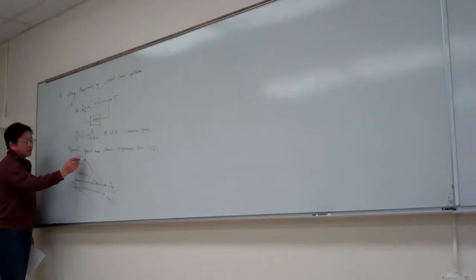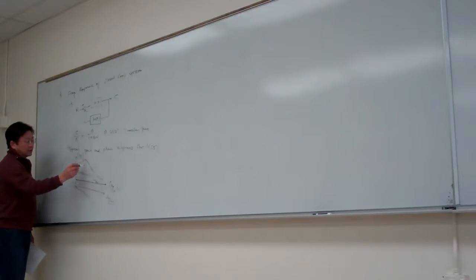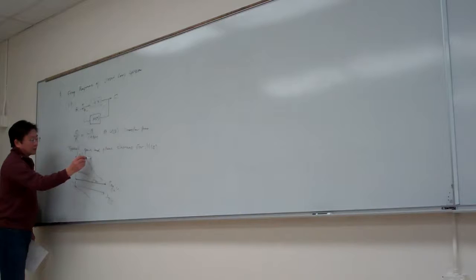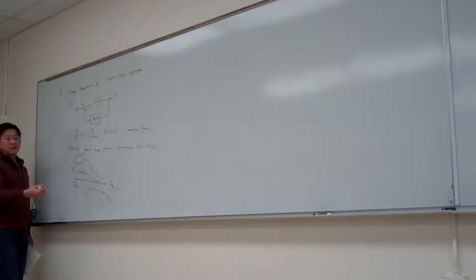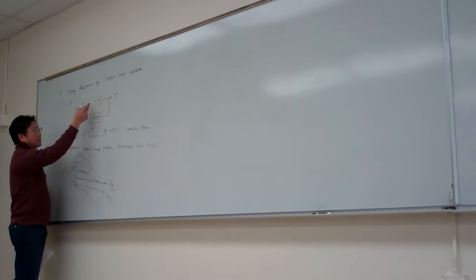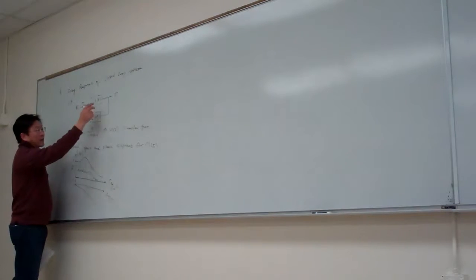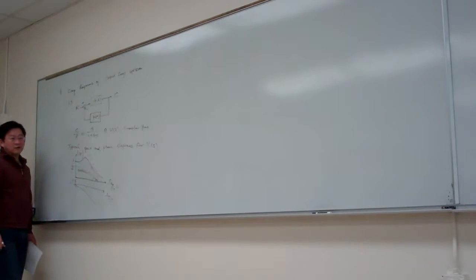The second one is this magnitude here, called M_R, which is the peak gain of the system. That means it is the maximum amplification you can reach given the system and the input, the maximum output magnitude you can expect.